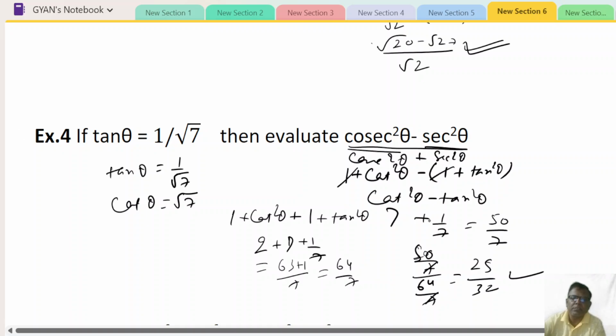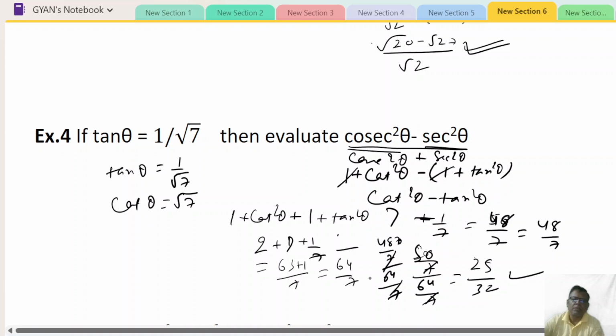Here it is minus, so yes, 48. So it will be 48 by 7. So the answer will be 48 by 7. Then 48 by 7 divided by 64 by 7.